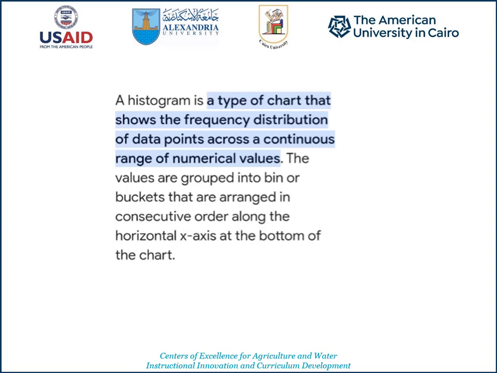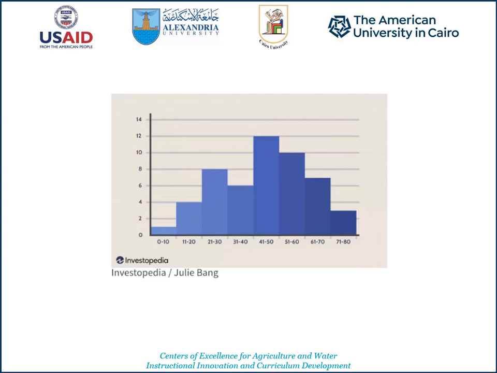The values are grouped into bins or buckets that are arranged in consecutive order along the horizontal x-axis at the bottom of the chart, as you can see here. It shows different bin ranges, but they are equal, and the color gradation shows the intensity or the numbers of the bins.